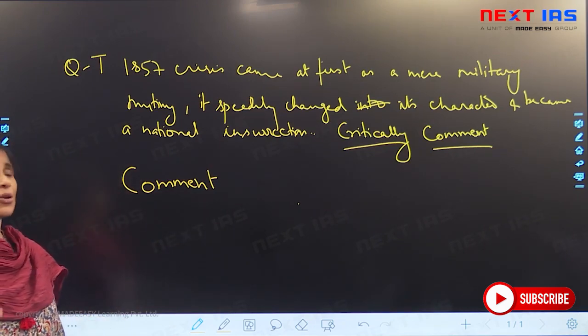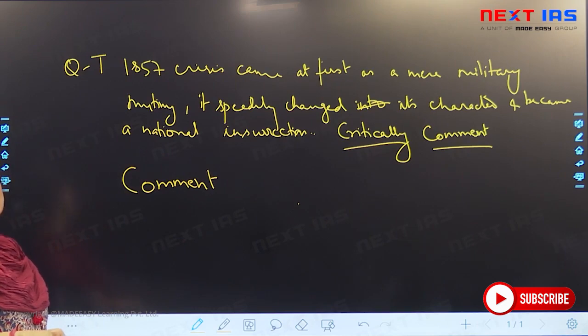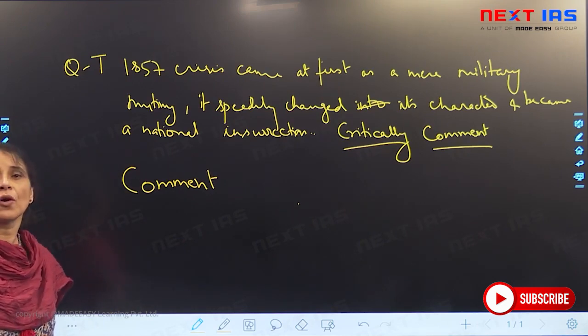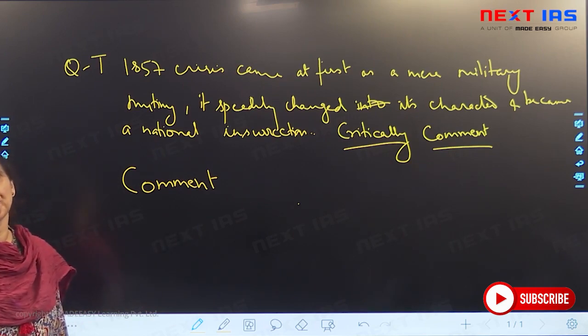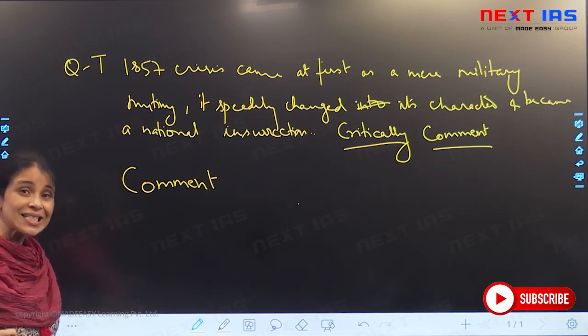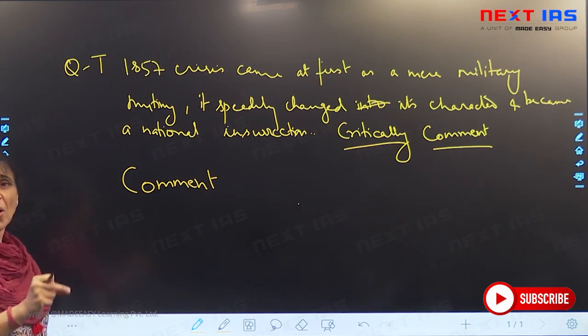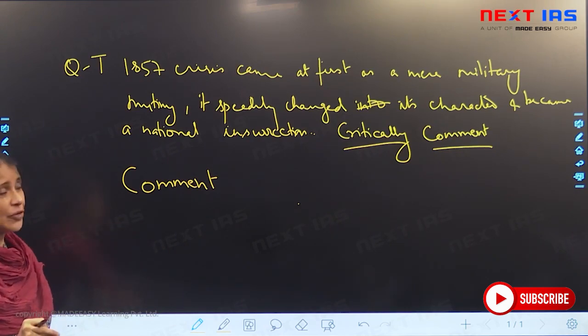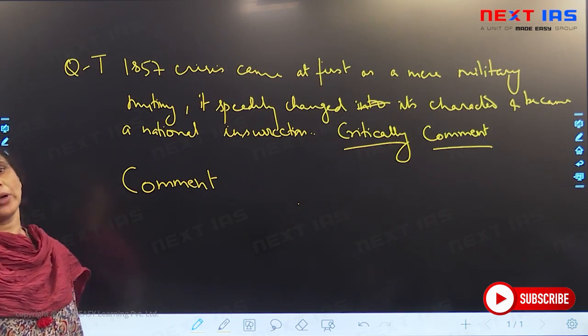When you have to comment, you have to get the main points of the issue, and then based on those main points you have to give your opinion. If you are pro that opinion, why you are pro. If you are against that opinion, why you are against. That is your comment. It's like giving a commentary. So comment is when you have to see the main points, and on those main points what is your viewpoint and why that viewpoint is there.